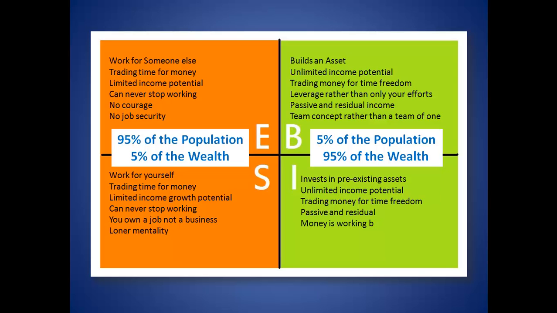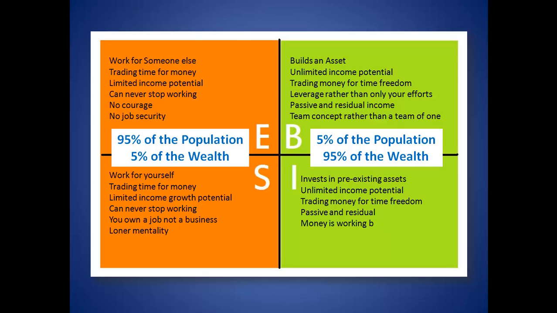Now think about that. 95% of our U.S. population is toiling in this E or S quadrant, and they represent only 5%. So again, is that where we want to be? Is that where we want to spend our adult professional careers, our adult working lives in that left-hand quadrant? And for me, it's an astounding no.